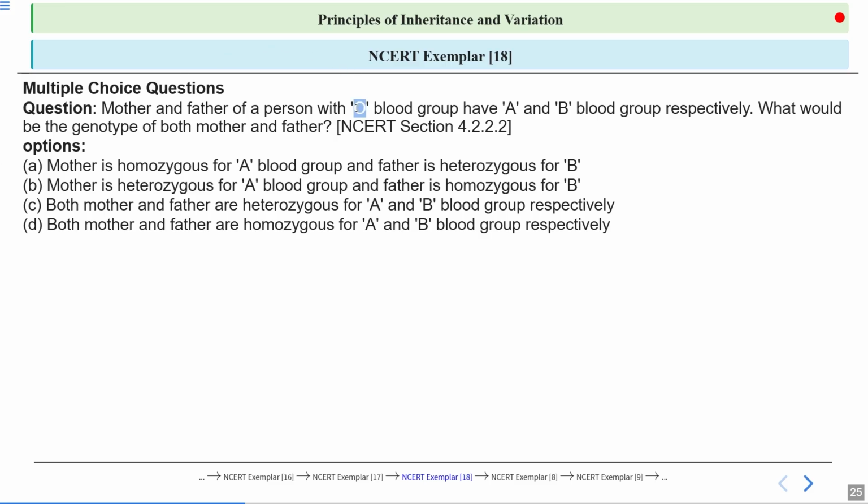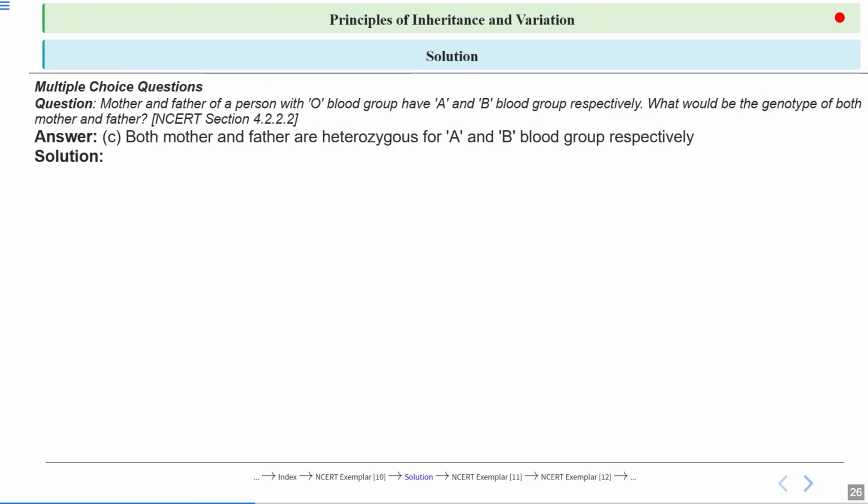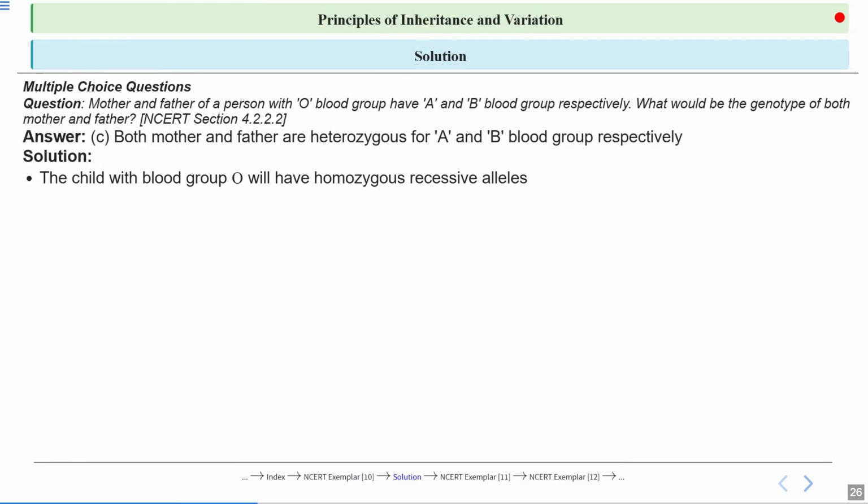So the person is having O. What will be the genotype of mother and father? So let's have a look at the answer. You can see both mother and father will be heterozygous for blood group A and B. So why is this so? Because the child is having O blood group. O blood group means it will be having small i alleles. So this person with blood group O will be homozygous recessive for small i.